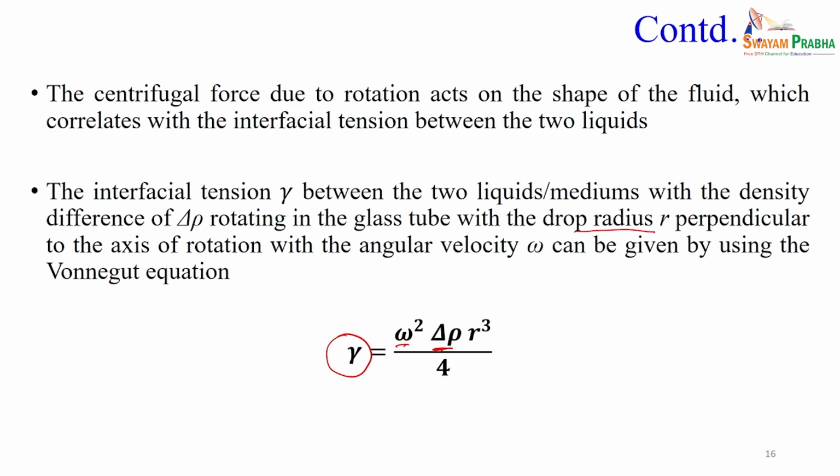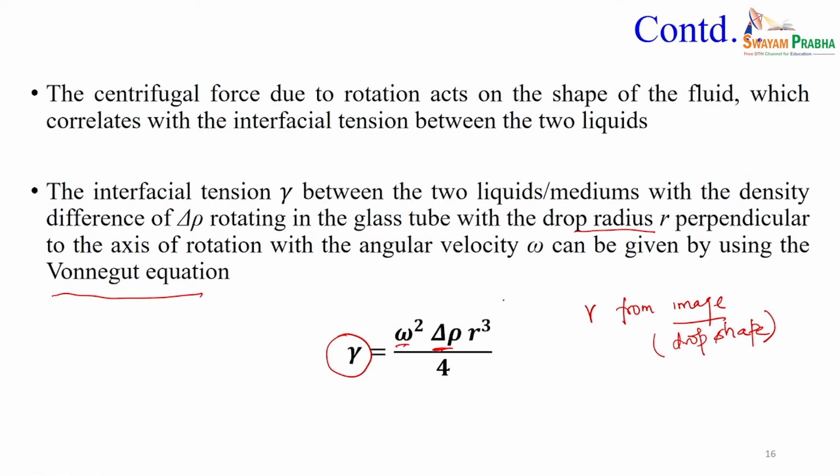That drop radius R we have to analyze from the drop shape image. If you know the speed of rotation omega, the difference in the density, and the drop radius, then we can estimate the interfacial tension using the Vonnegut equation.